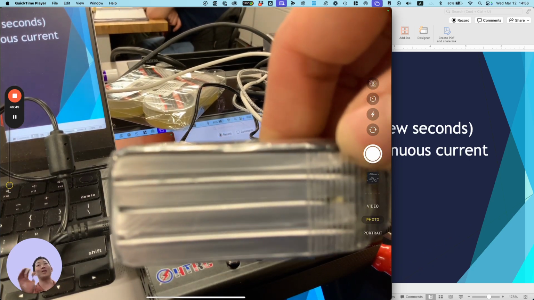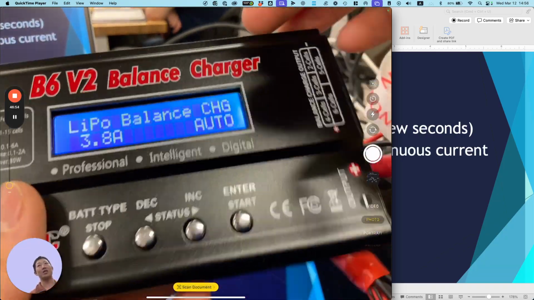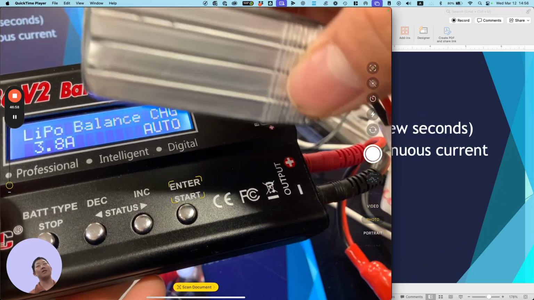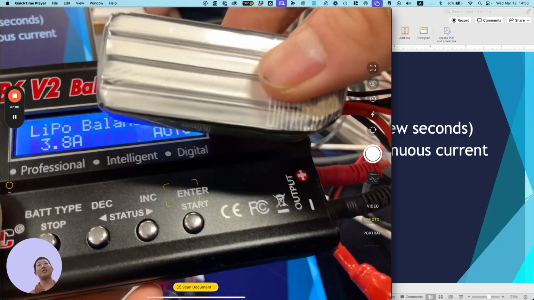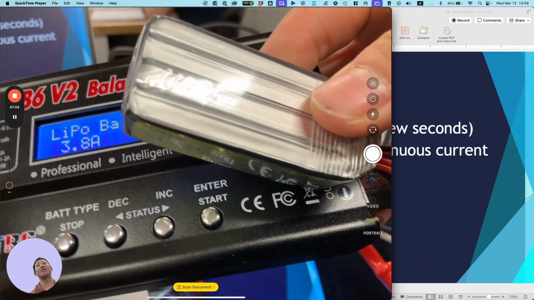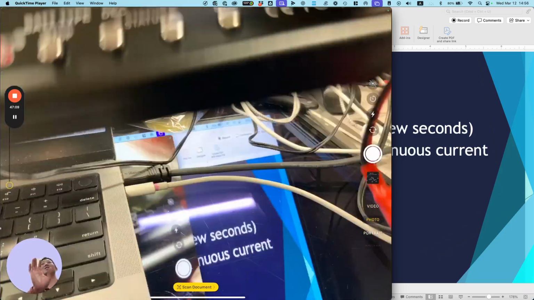You don't want to see a big swing in the values. So when you're balance charging, it's making sure that throughout the entire process, the cells stay the same voltage. If one starts to fill up quicker, it will wait till the other ones have caught up, and then they will slowly all continue together.